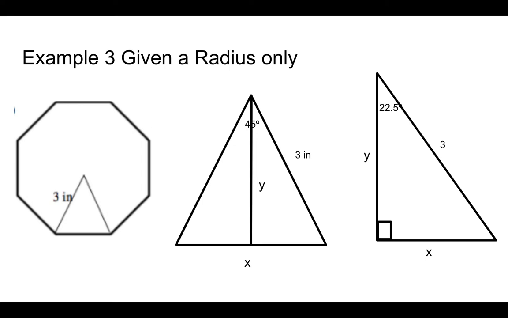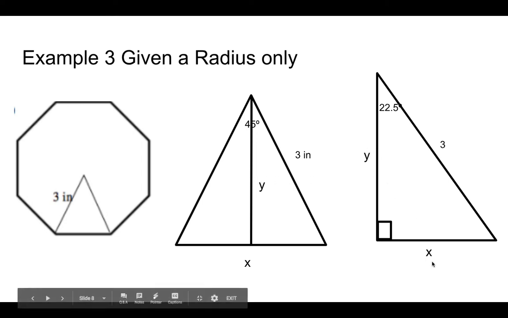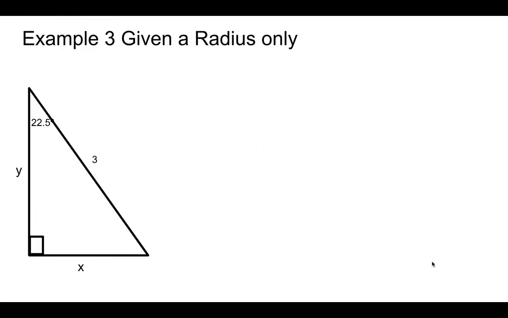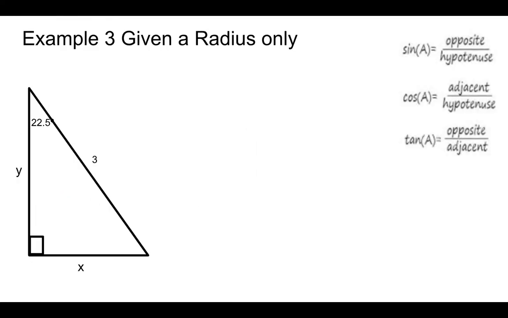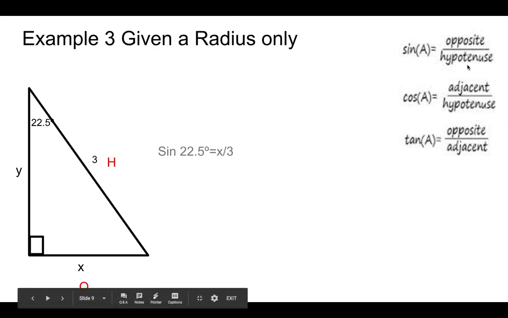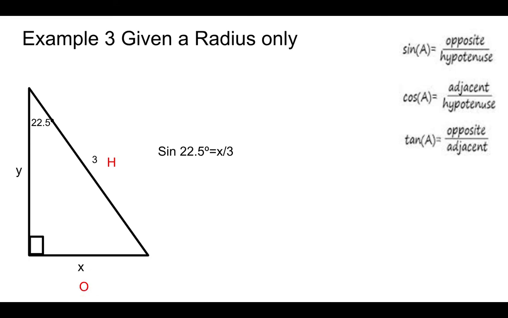Now, if we're finding two different things, we're going to have to use multiple trig ratios. For the first one, we've got sine, cosine, tangent again. I've got an opposite and a hypotenuse. Opposite and hypotenuse is sine. So we say sine 22.5 equals x over 3.